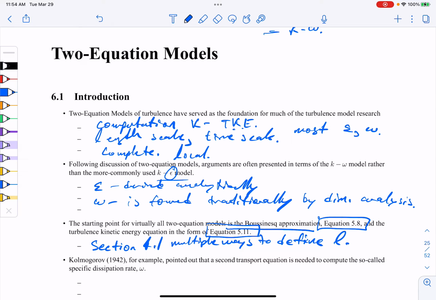And if you have two equations, like K and epsilon or K omega, you can write length scale as a function of K and epsilon, using different powers, or K and omega. And so for model closure, sometimes you want to derive time scales or length scales because we might know how they vary in these particular flows.